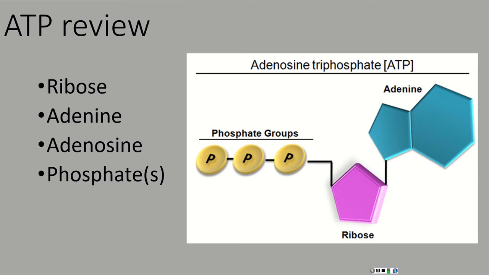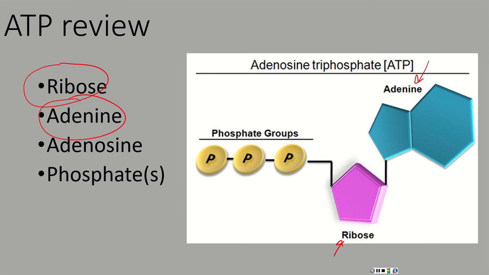And remember, in RNA, the 5-carbon sugar that's right in the middle is ribose. So ribose we see right there. And the nitrogenous base is adenine, and we see adenine right there.